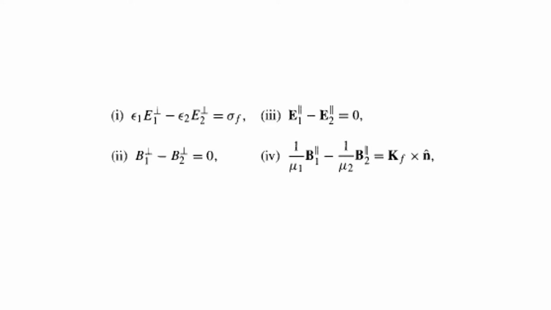The other ones are E1 parallel equals E2 parallel, B1 perpendicular equals B2 perpendicular, and 1 over mu1 B1 parallel minus 1 over mu2 B2 parallel equals Kf cross N, where Kf is the free surface current and N is a unit vector perpendicular, pointing from medium 2 to medium 1.